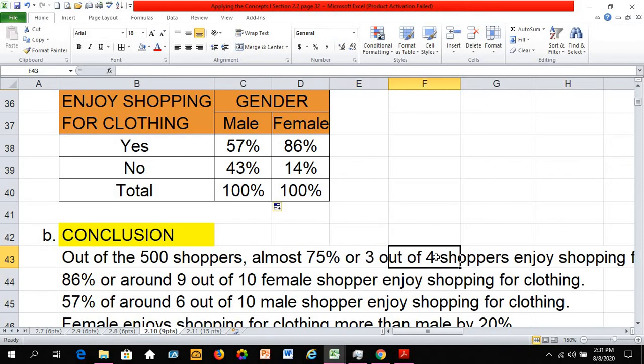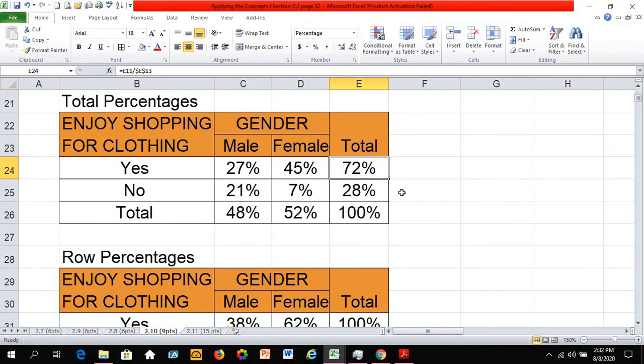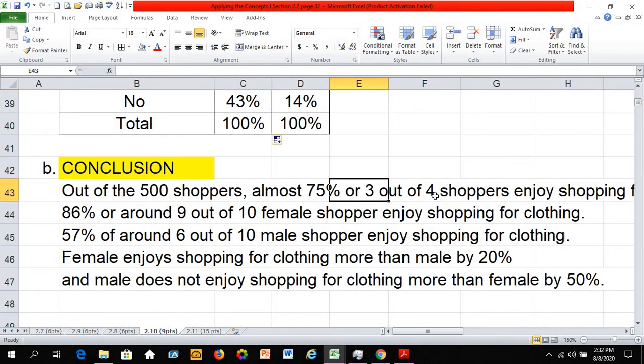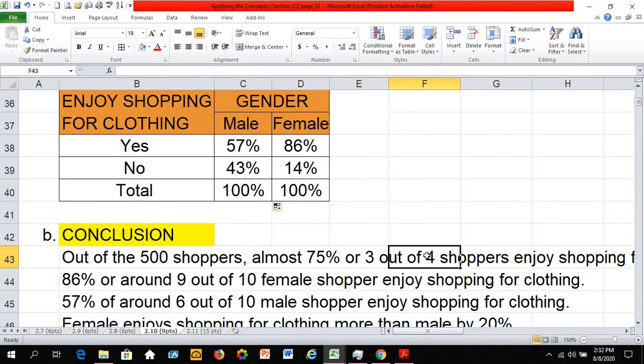So for every 4 shoppers who enter a shopping mall, 3 of them would love to go shopping for clothing. That's what you notice in every shopping mall, most of the business establishments are clothing lines, because of these statistics, 3 out of 4 customers who enter a shopping mall would go shop for clothing.